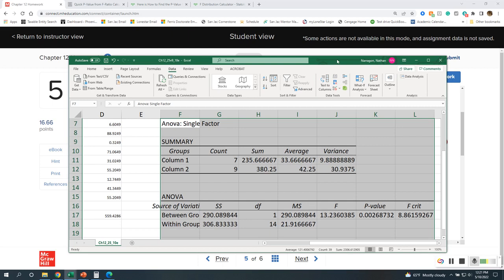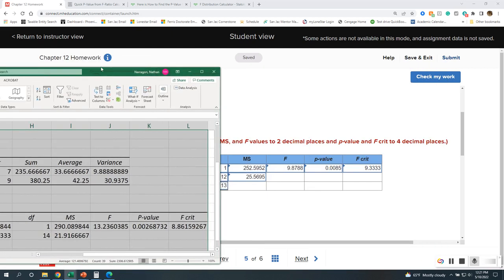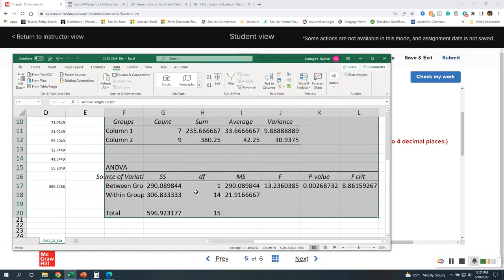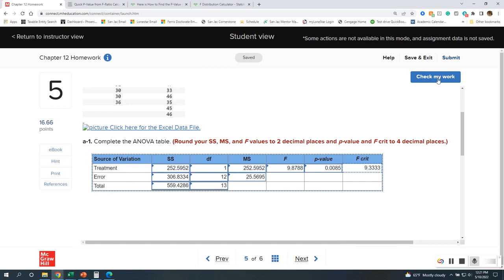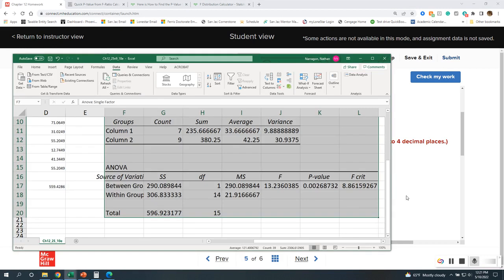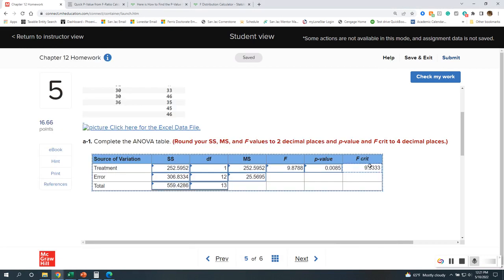But it's not exactly right. So it's between the group, within the group. They come out to a correct value of 8.86.